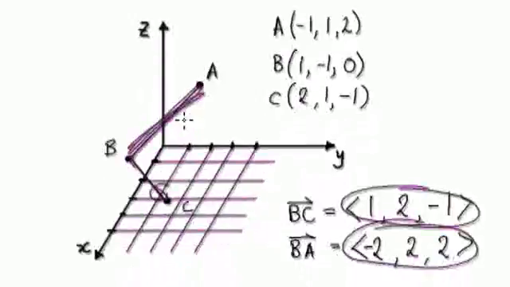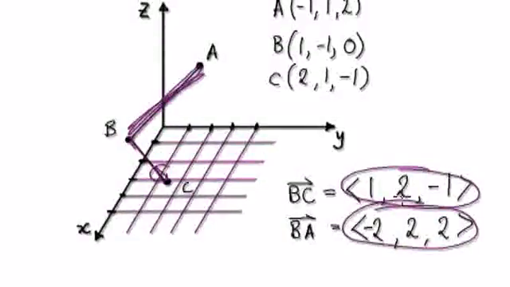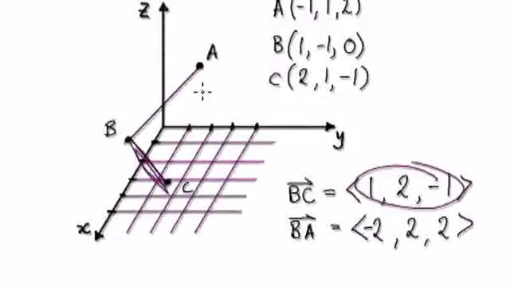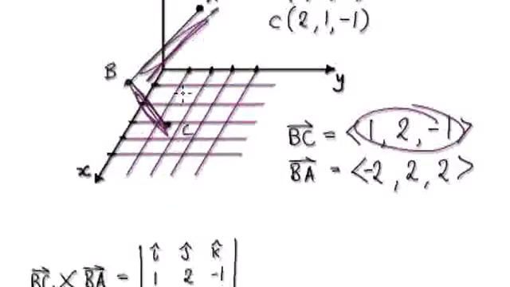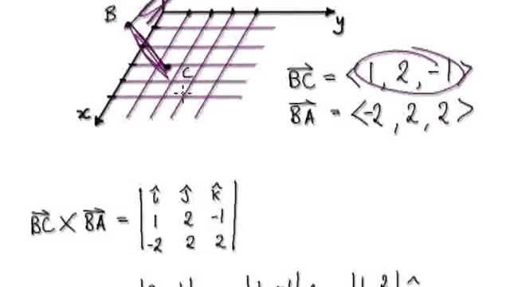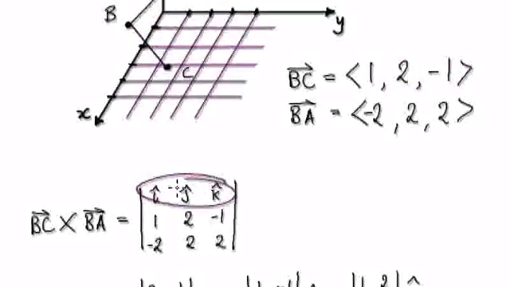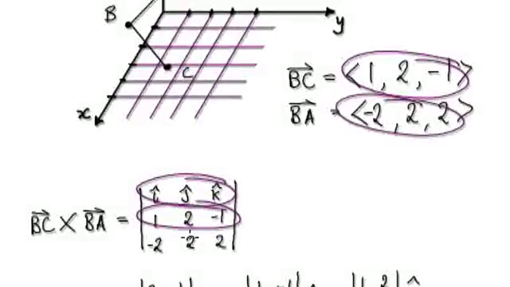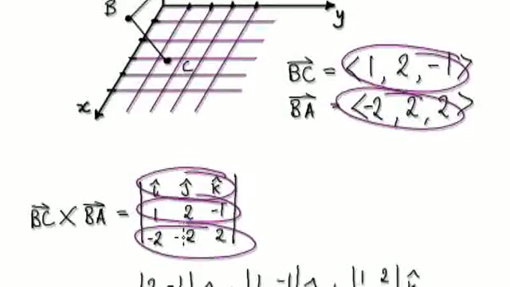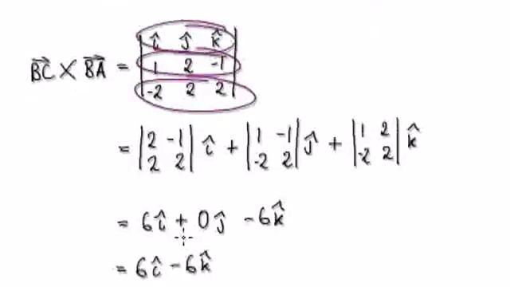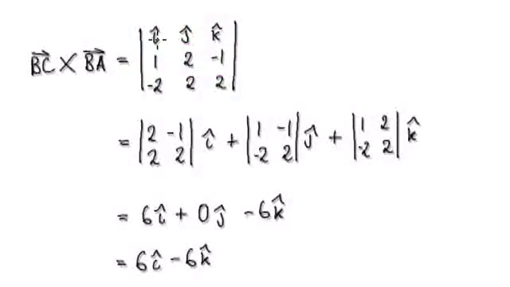The next step is, we've got our two vectors. The next step is to mindlessly compute the cross product. So this is our vector here. With the cross product, you always need these unit vectors, and then the first vector, the second vector, and then mindlessly compute the cross product.